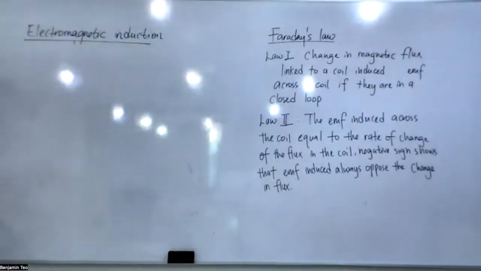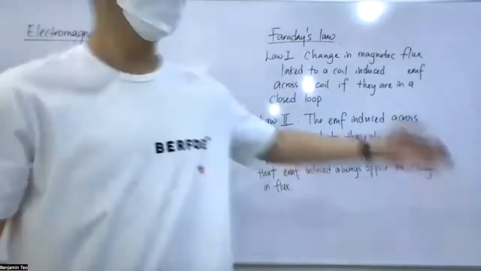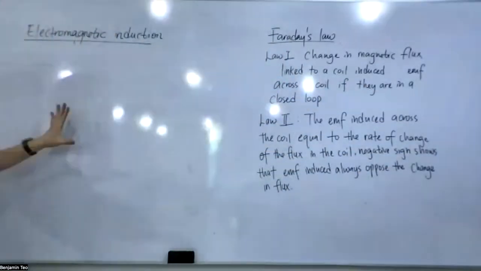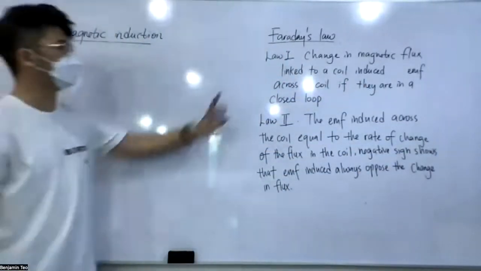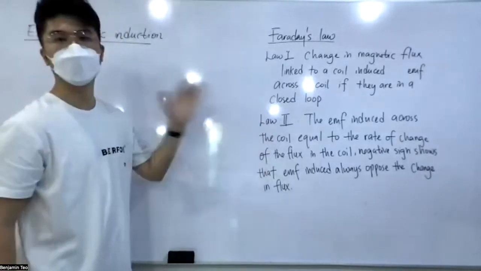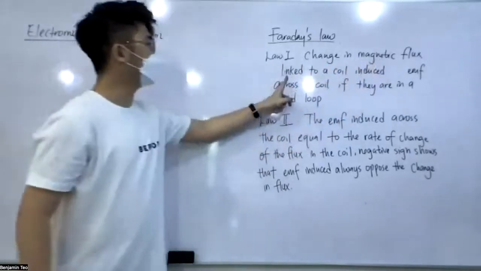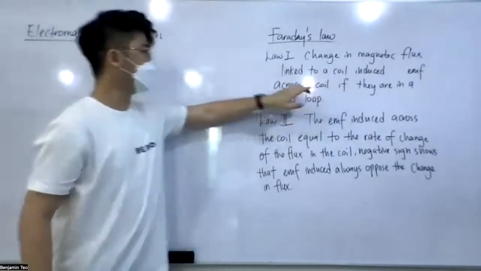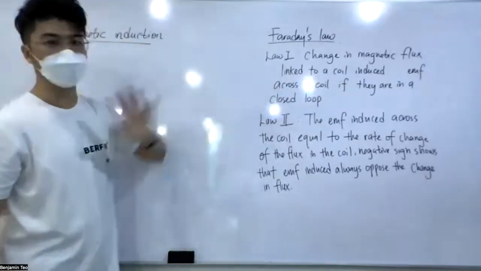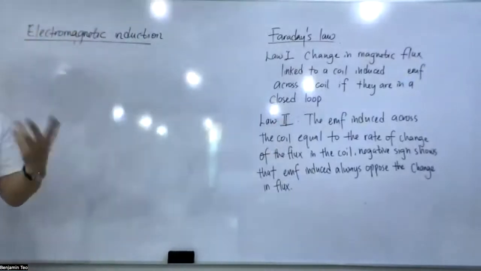Based on the observation from experiments 1 and 2, he made the law. This is based on the observation of the 2 experiments. He made law 1 and law 2. So it's a summary of what is happening just now. Law number 1: change in magnetic flux linked to a coil induces EMF across the coil if they are in a closed loop. So that explains the concept behind it.